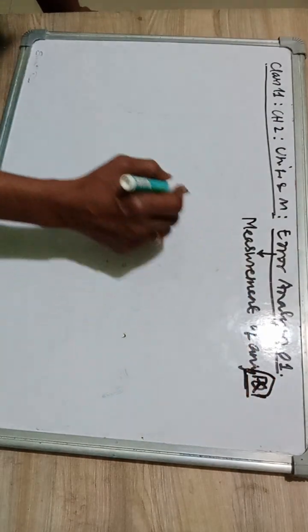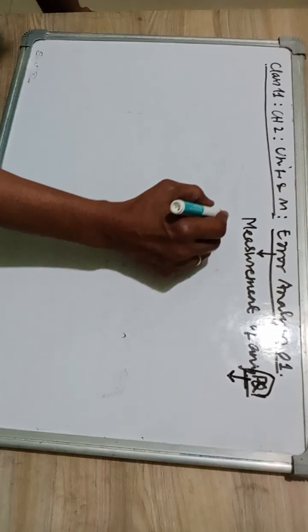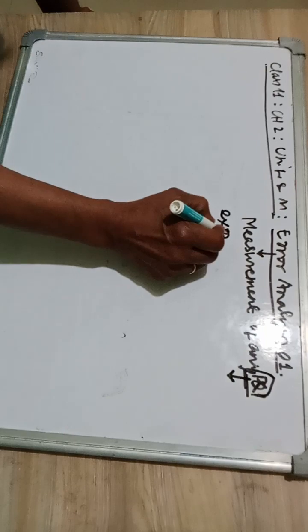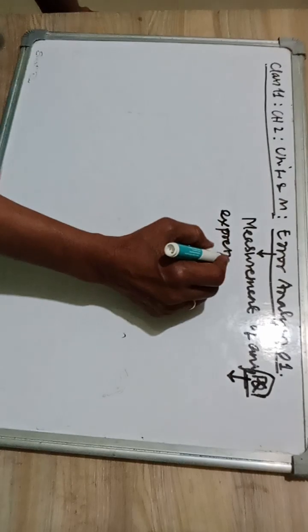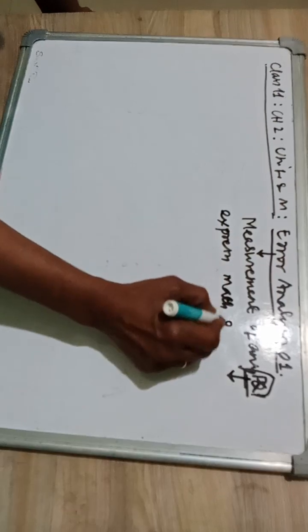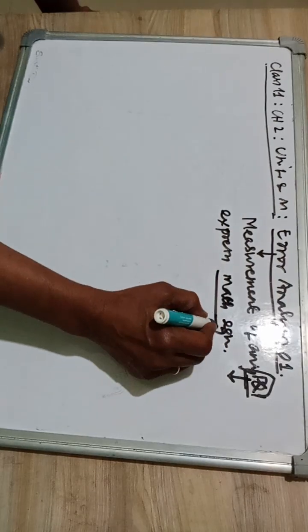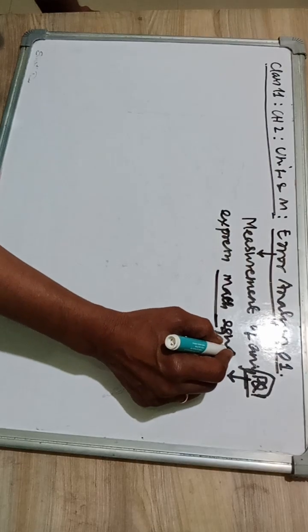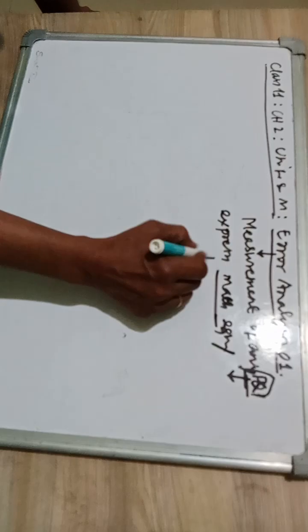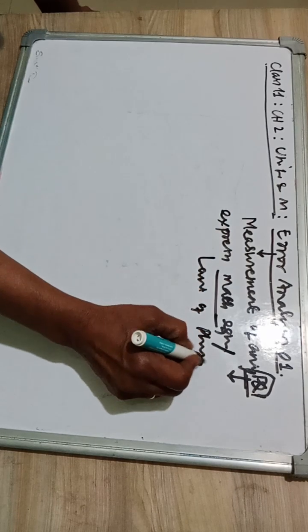As we have discussed already, a physical quantity is the quantity that you will be using to express mathematical equations for laws of physics.